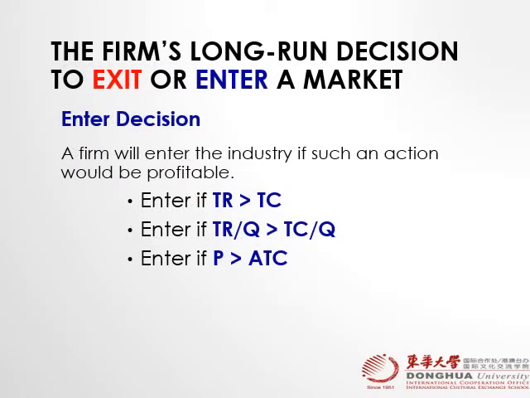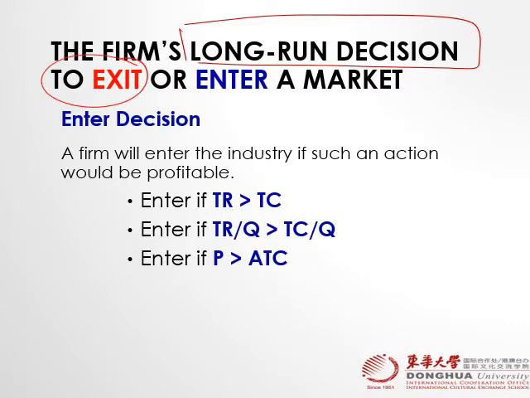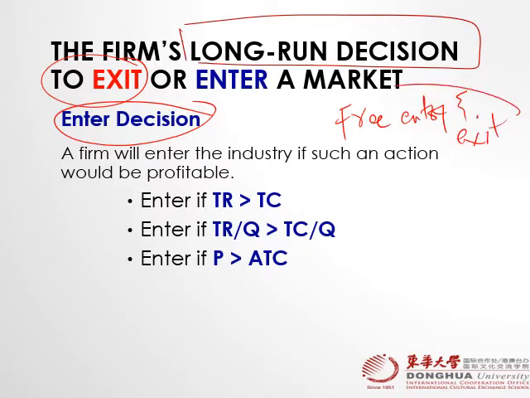Okay, now let's talk about the company's long run decision to exit. So first of all, let's talk about the entry decision. So we know that in a competitive market there is free entry and exit, right?